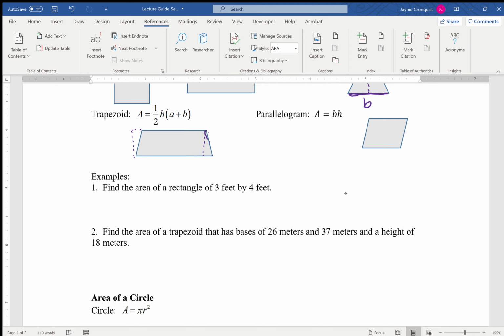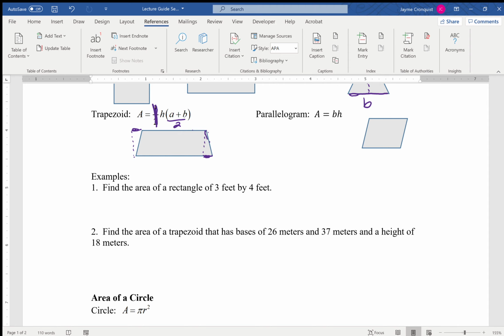The problem is I don't know what this base is because this has this much too long and this one is this much too short. So what we do is we average the two bases, and that's going to give us the side of that rectangle. So really, it should be this. Okay? Now they just make it simpler by putting the 1/2 out front, but technically that's what it's doing.